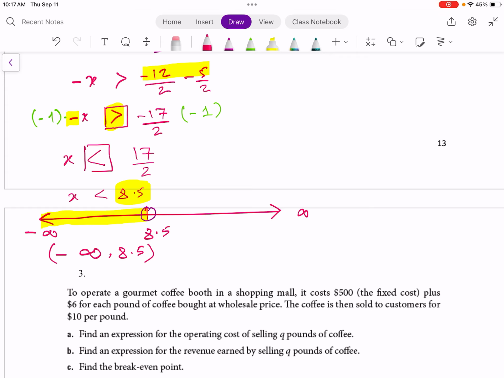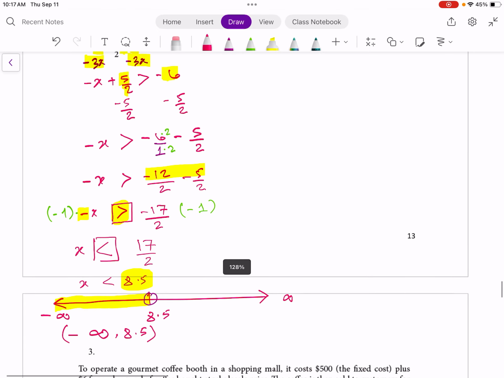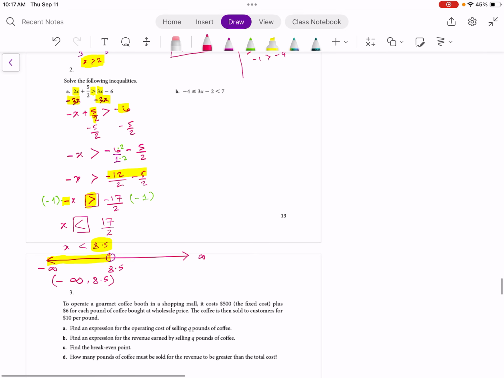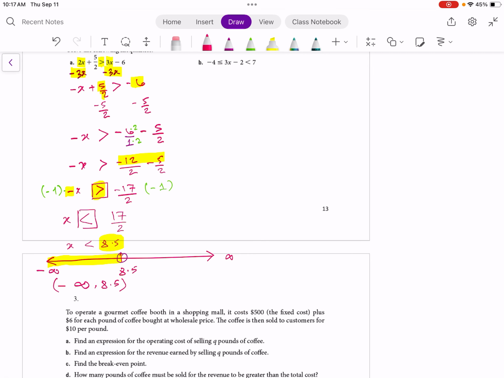So do not forget to flip the inequality when you multiply or divide by negative numbers. Okay. Any question?